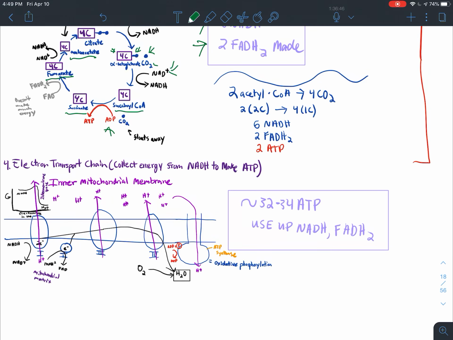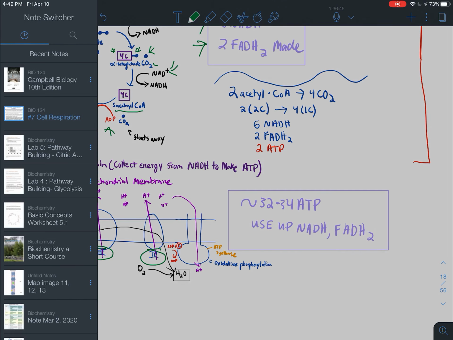The purpose of this system is to harvest energy from NADH and FADH2 to build ATP. All the proteins involved in the electron transport chain are membrane proteins labeled 1, 2, 3, and 4. NADH is going to come in with its high energy electrons. It's going to bind to complex 1 and drop off its electrons. Electrons will go through a series of molecules and proteins going to complex 3.